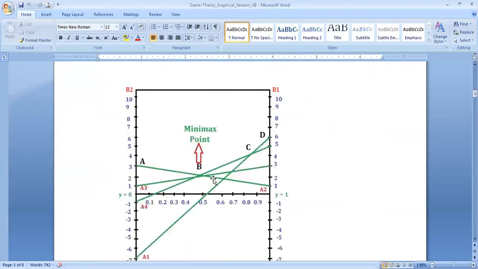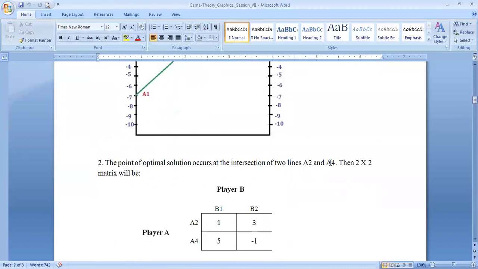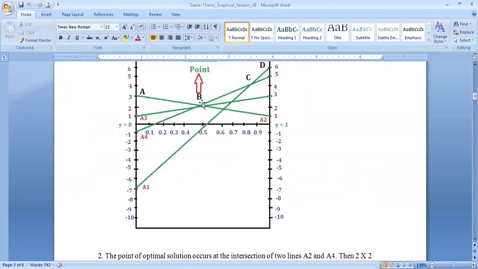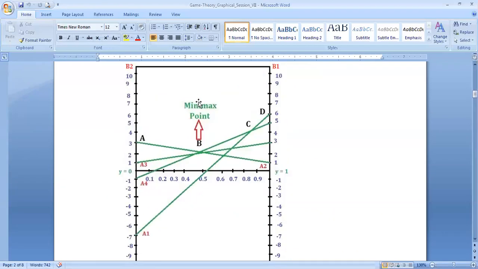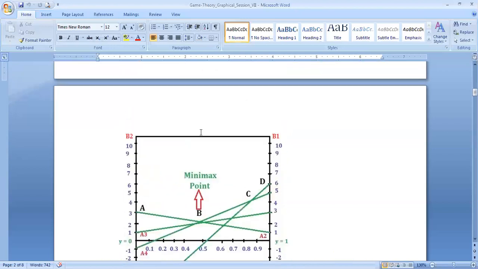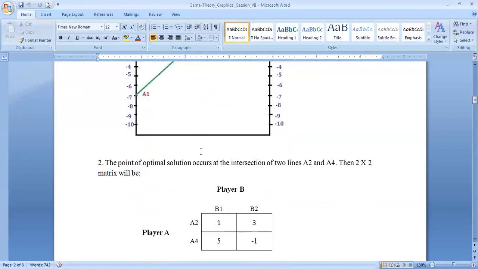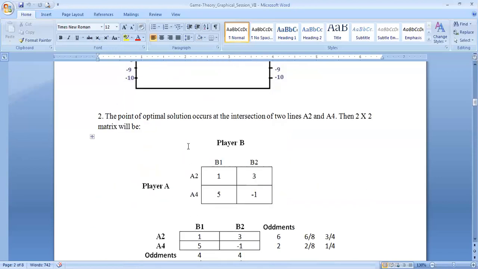A2 and A4 are the two lines which intersect at point B, which is called the minimax point. Hence, these two strategies, A2 and A4, will minimize the loss for player B. Now, the given matrix can be reduced to 2 by 2. A2 and A4 are taken from the original matrix, and the remaining, A1 and A3, are eliminated. So this has turned into a 2 by 2 matrix.